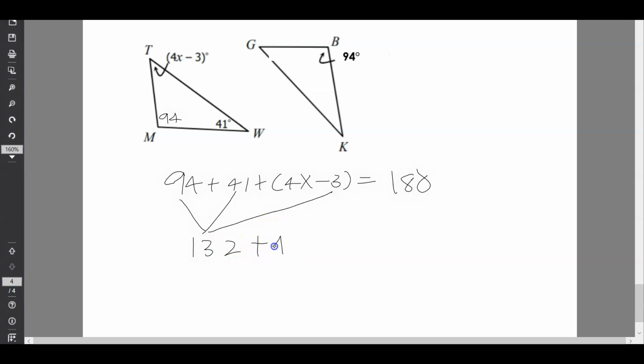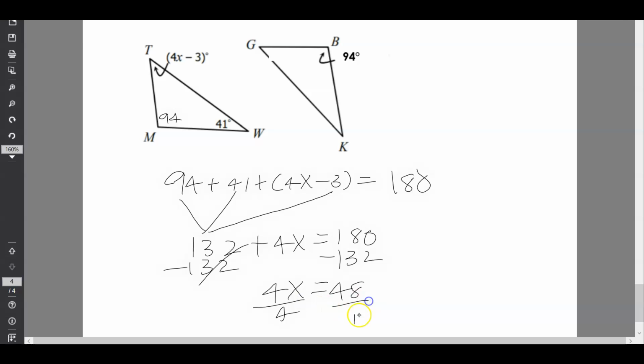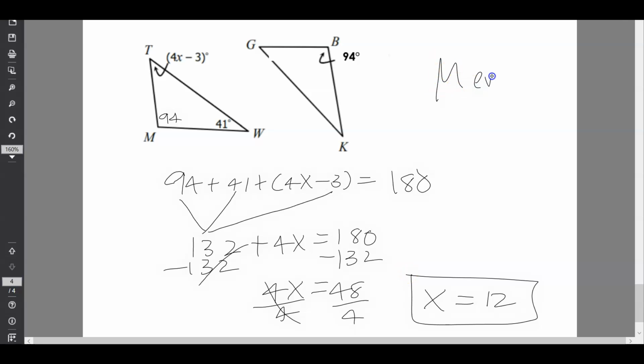Bring down the 4x, 180. And then get rid of the loner, minus 132. You get 48 divided by 4, and you get x equals 12. You could also do menu 3-1 and solve that using nsolve, and that'll give you 12.